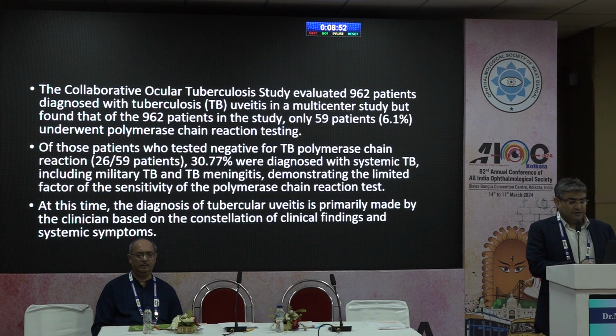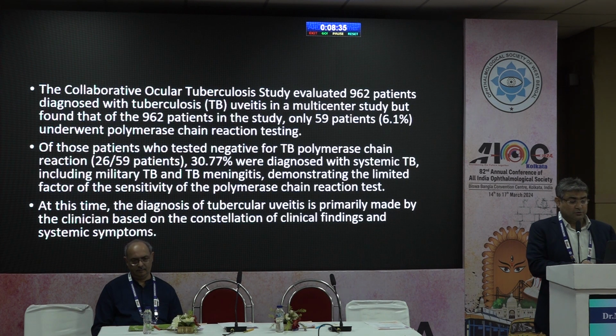Because we see a lot of tubercular vasculitis, I just thought of dwelling into the detail of it. The collaborative ocular tuberculosis study evaluated 962 patients, of which only 59 patients had a PCR done.